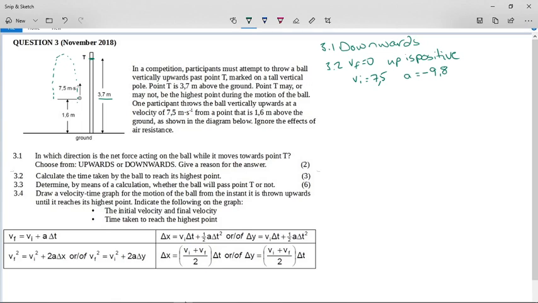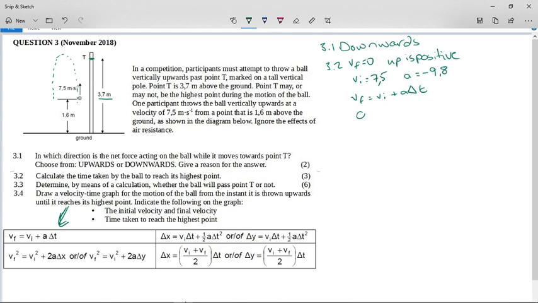So now you can see I've got the equations of motion down the bottom here. I'm going to use this first one because it's the simplest one. The final velocity is equal to the initial velocity plus the acceleration times the change in time, and we are trying to find the change in time.